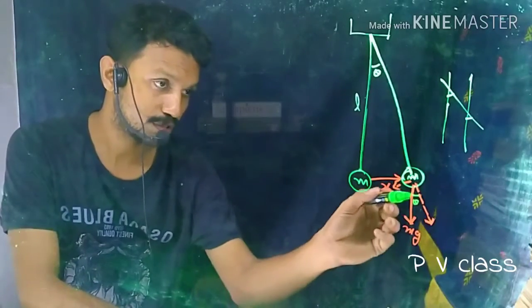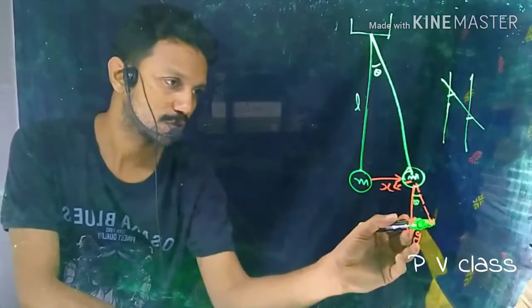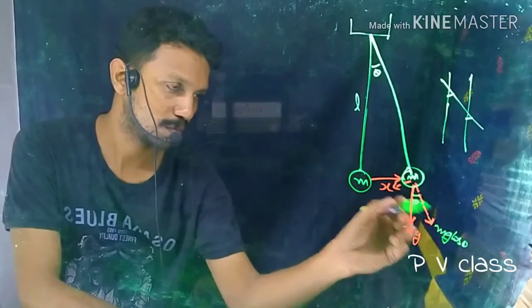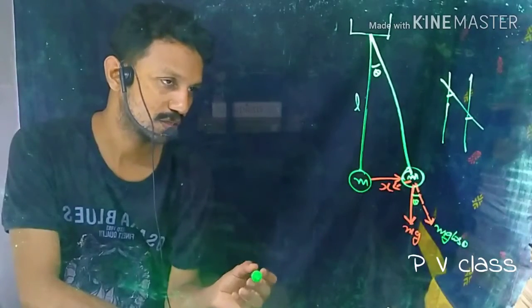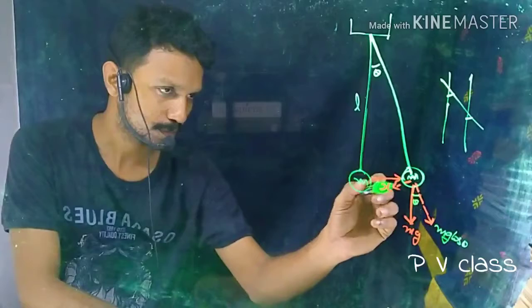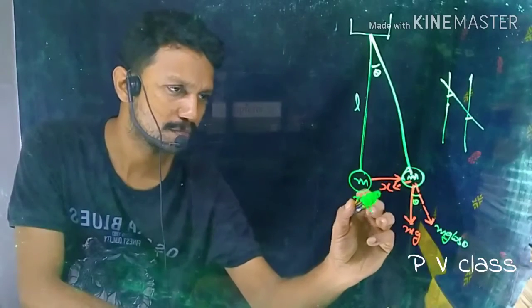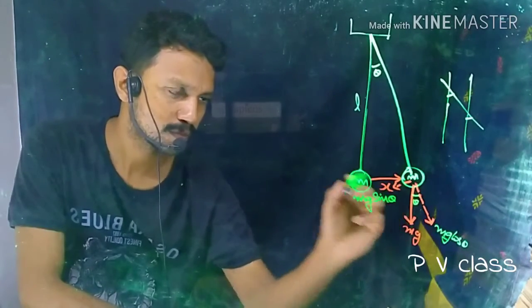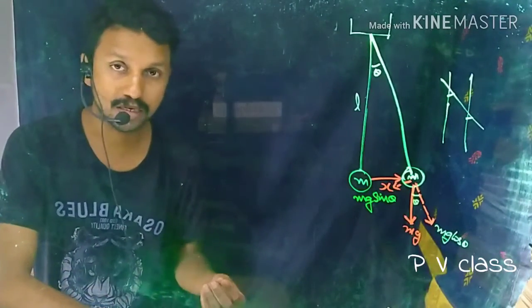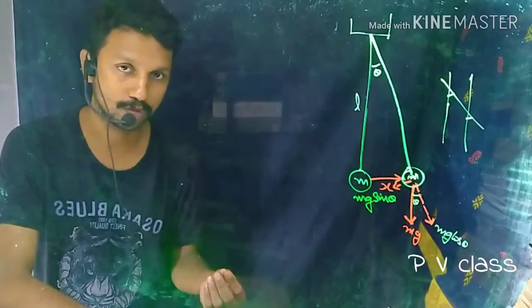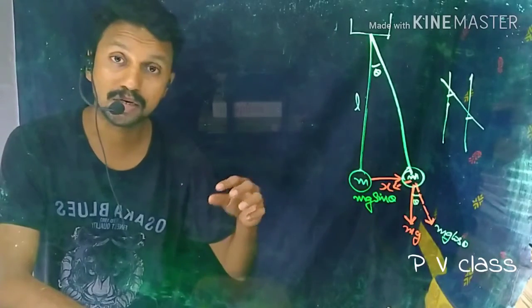Since this is mg and this is theta, this is mg cos theta. The component which is near to the angle is its cos component, and this component is mg sin theta.